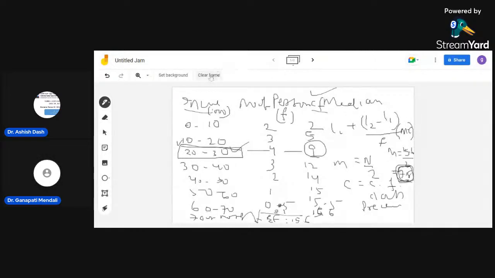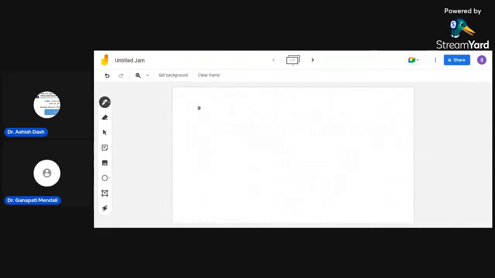Now let me write L1 is 20, the lower limit of the median class. L2 is 30. Okay. Then what is the formula for the median?